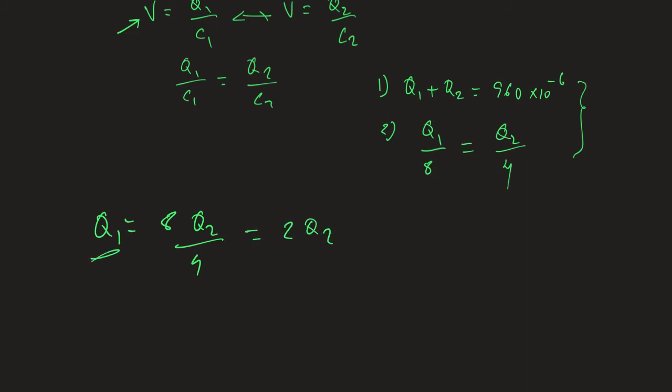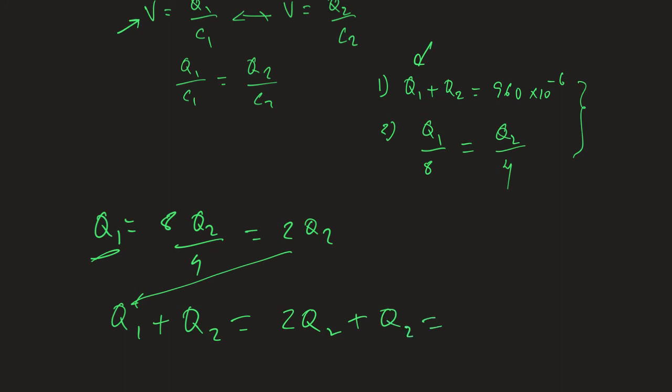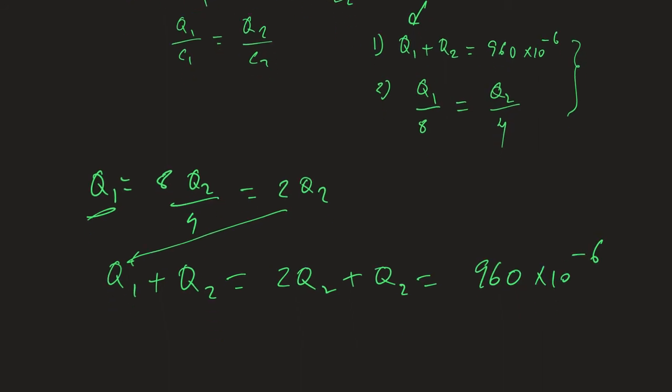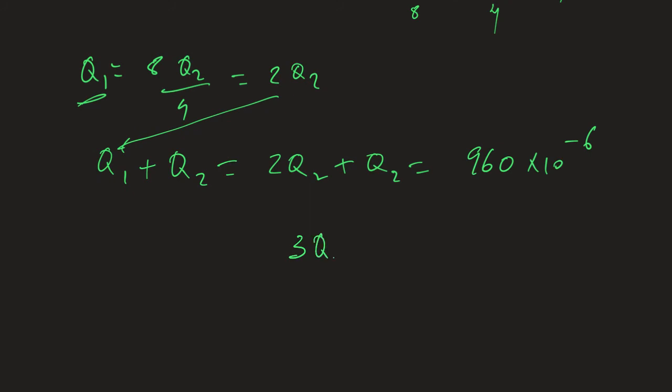I place the value of Q1 here, so Q1 plus Q2 becomes 2Q2 plus Q2, and this is equal to 960 by 10 to the minus 6. Perfect. So 3Q2 will be 960 by 10 to the minus 6, and Q2 will be that divided by 3.